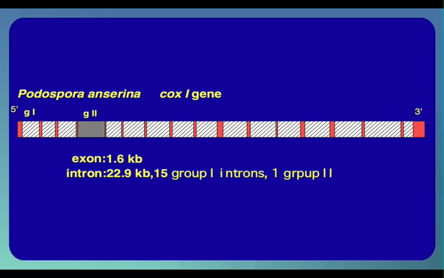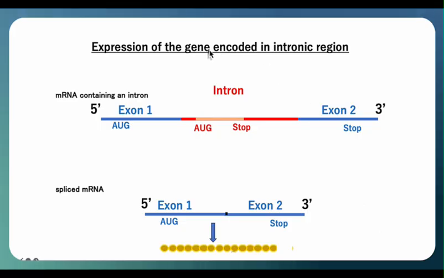I will explain how intronic open reading frames coded in Group I and Group II introns are translated in the cytoplasm of bacteria and organelles. This shows the messenger RNA before splicing, and this shows the messenger RNA after splicing is completed.